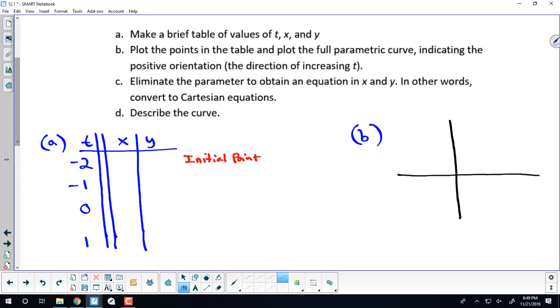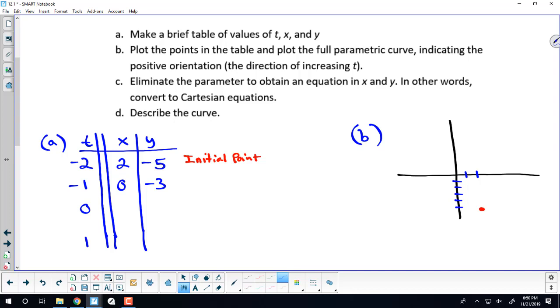Okay. So when t is -2, x is 2, and y is -5. So that's our initial point, 2, -5. I'll plug this in. When t is -1, x is 0, y is -3.